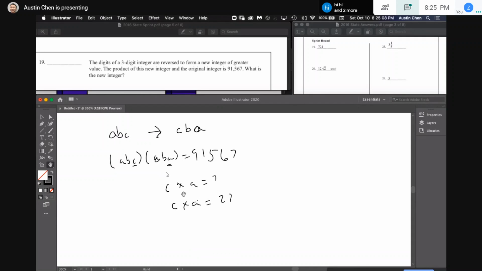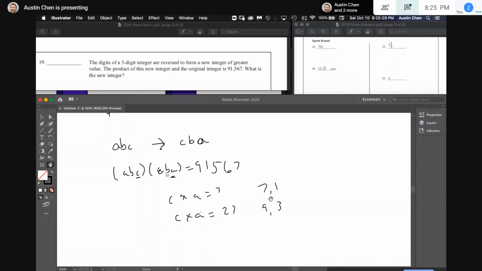So if we look at C times A is 7, then C and A is either 7 or 1, right? And if we look here, then C or A is going to be 9 or 3, right? So these are the cases. So then we can just test these, right?